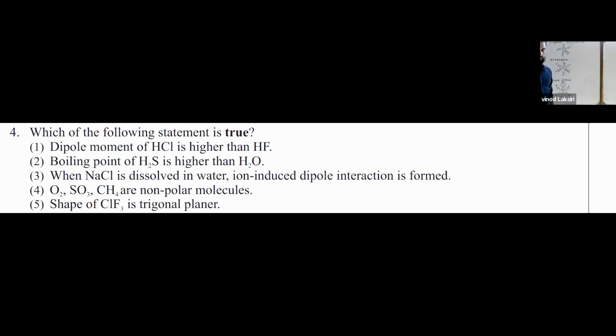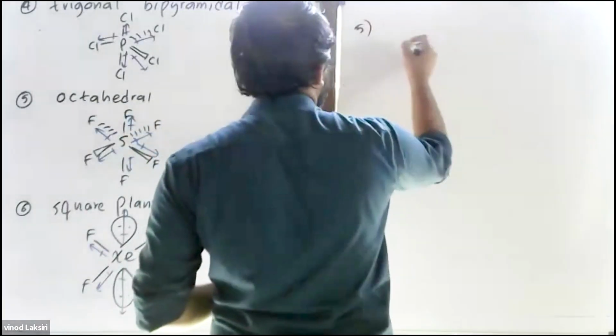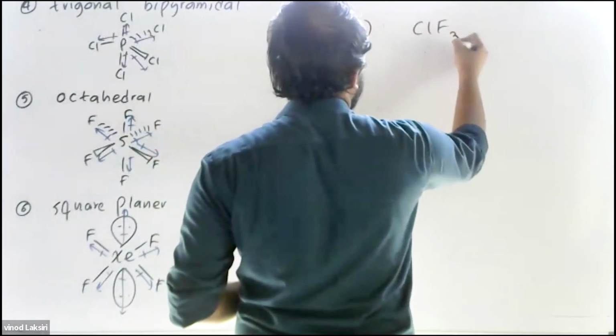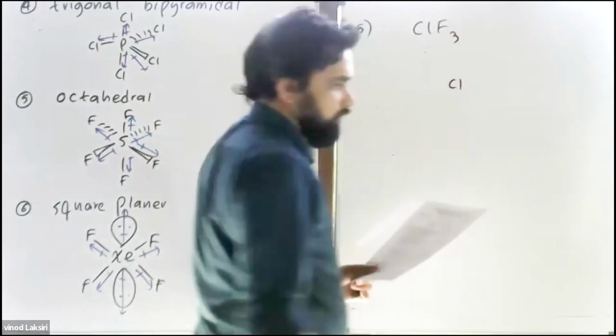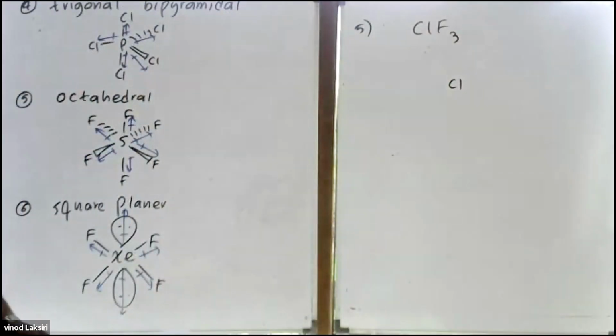O2, SO3, CH4 are non-polar molecules. Yes, it is the answer. Then the fifth one: shape of ClF3 is trigonal planar. So the central atom is chlorine, the lowest electronegative one.